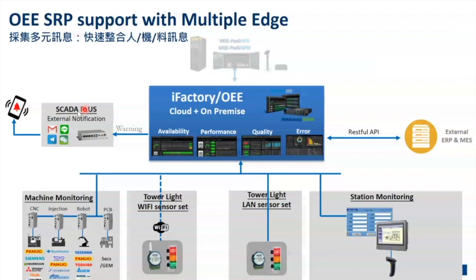So Advantech also provides this SCADA plus external notification to help you in this case. The notification and information can only be sent out to the outside. There is software inside to make sure there is no intrusion and nobody can access the information on-premises.